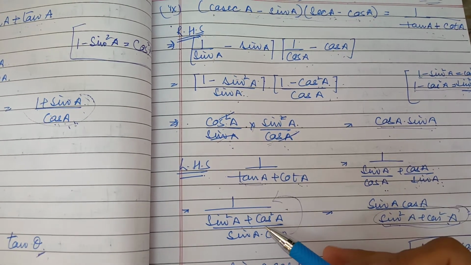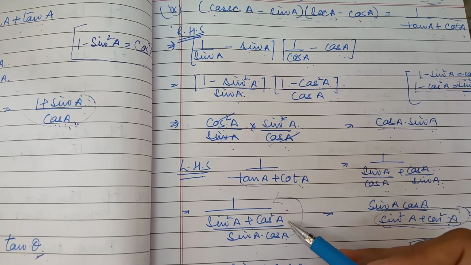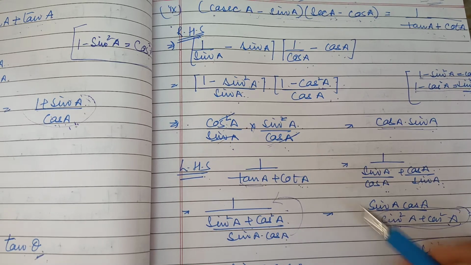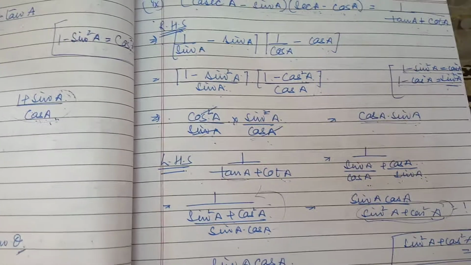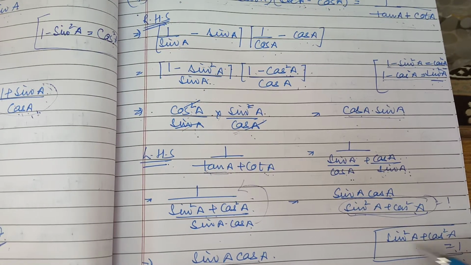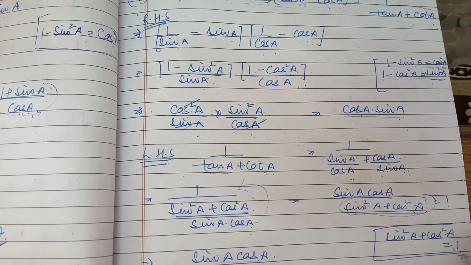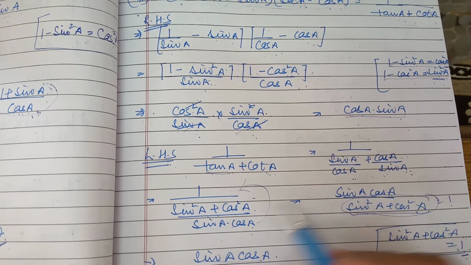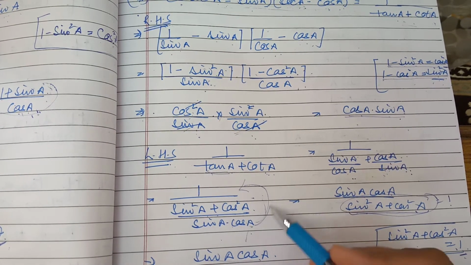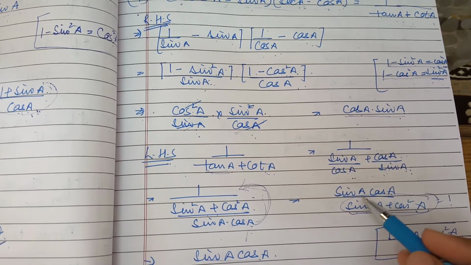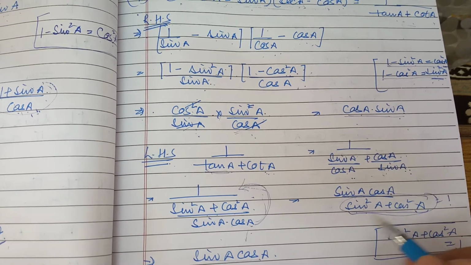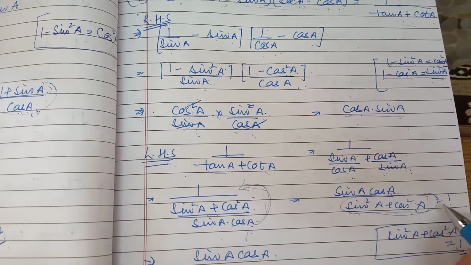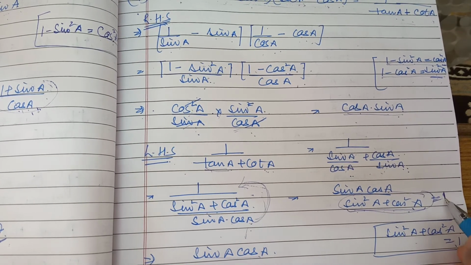Can anybody tell me the formula of sin square A plus cos square A? Yes, this is equal to 1. So the value of sin square A plus cos square A is equal to 1. After simplifying it, we just take this to numerator. So what we get? Sin A into cos A upon sin square A plus cos square A, and this is equal to 1.